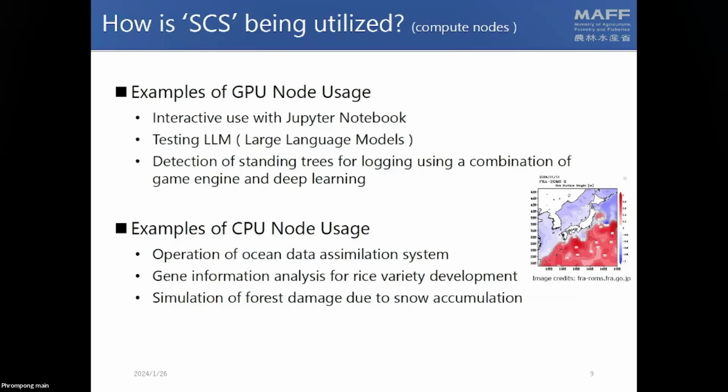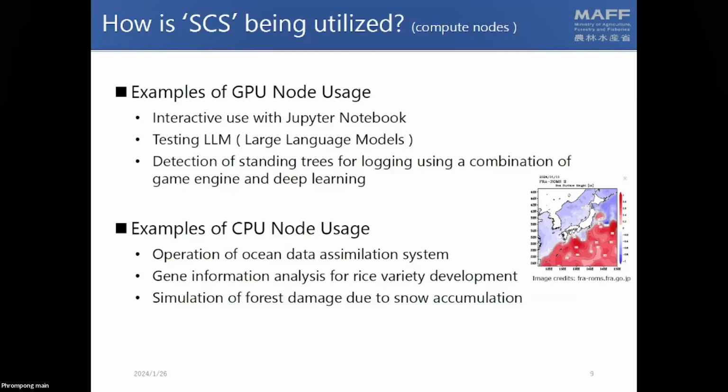I will introduce some examples of how the computing nodes are utilized for research activities. Examples of GPU node usage. In Jupyter Notebook, it's common to test running content related to Python available on the internet. Testing large language models. We are testing with free LLMs.